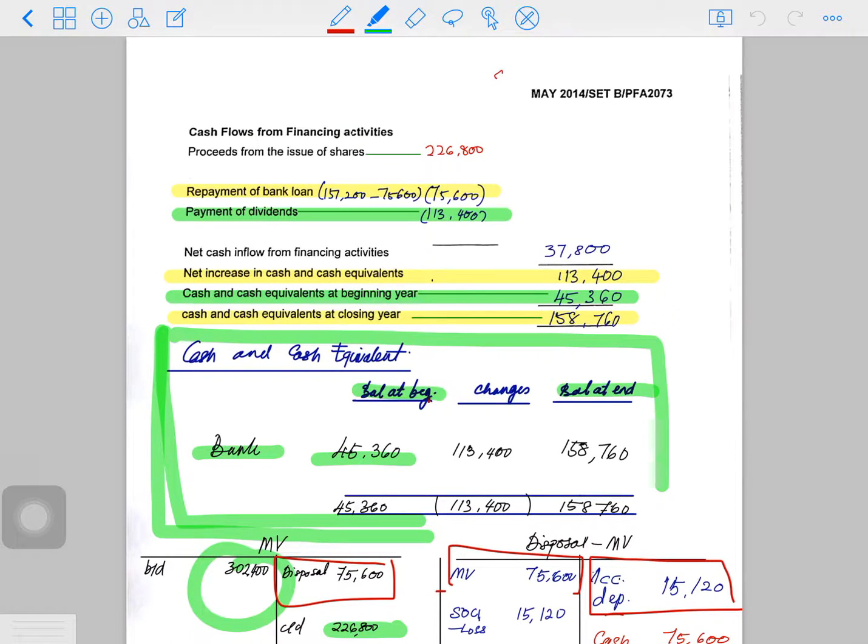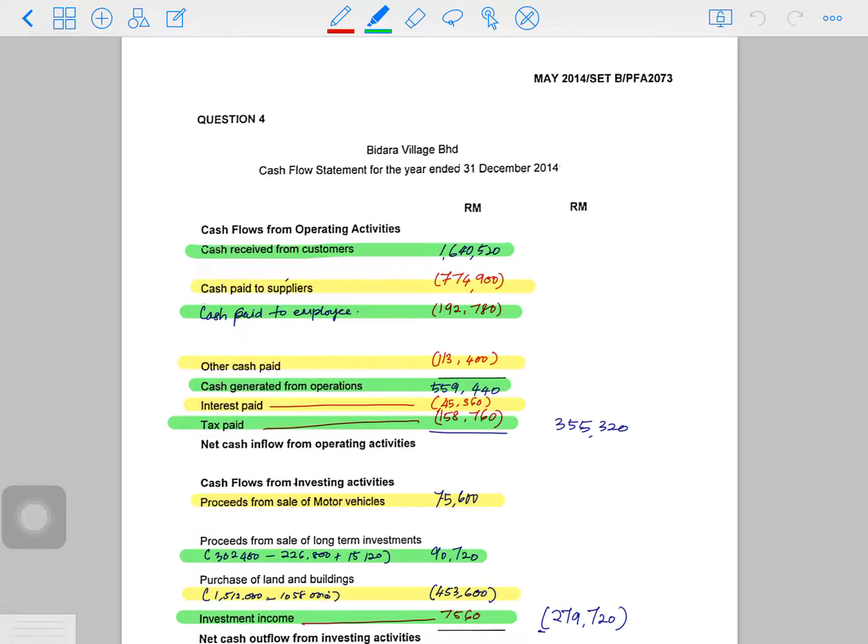So once you have settled the additional information, you have to go through the balance sheet, the statement of financial position, one by one, item by item. Let's say first, land and building.